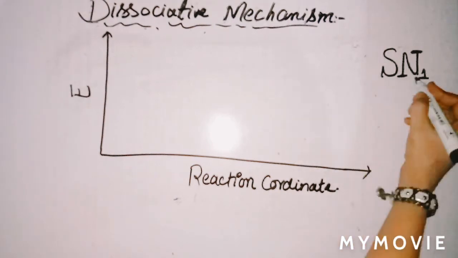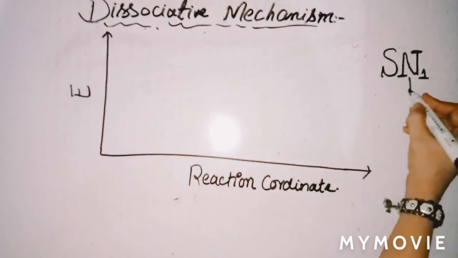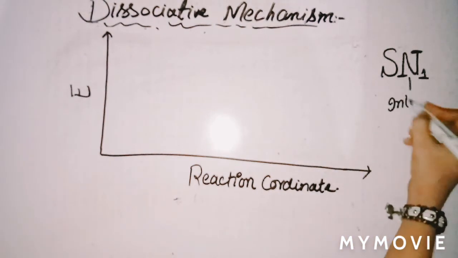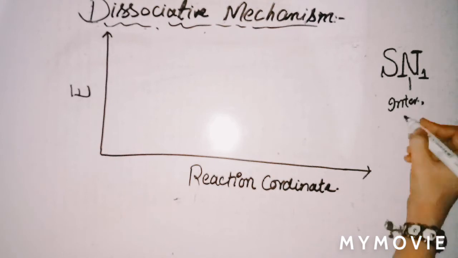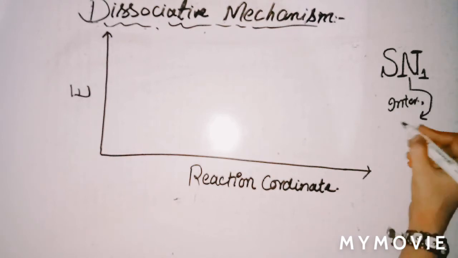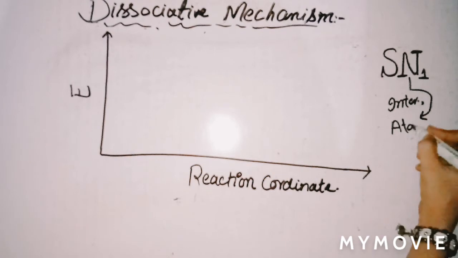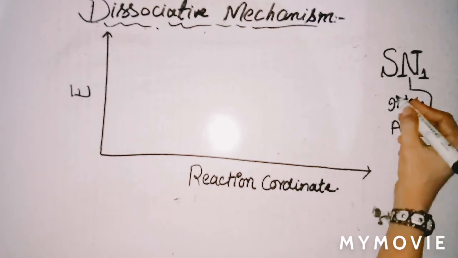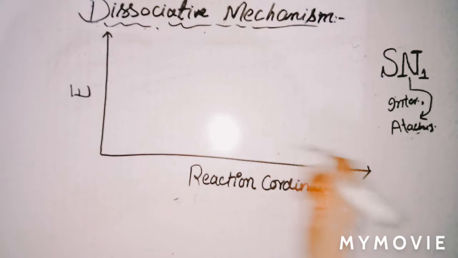In SN1, a two-step mechanism occurs. The first is intermediate formation and the second is attacking of nucleophile. Two-step mechanism, so two steps will be formed.